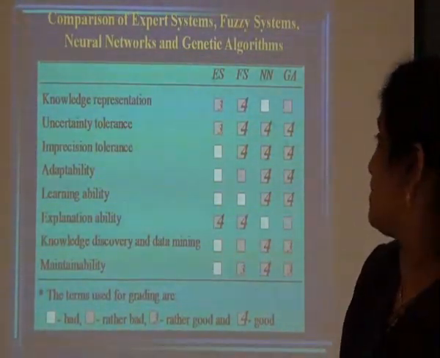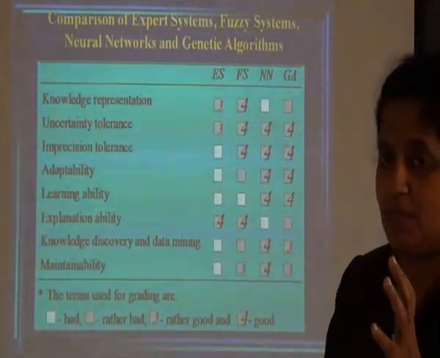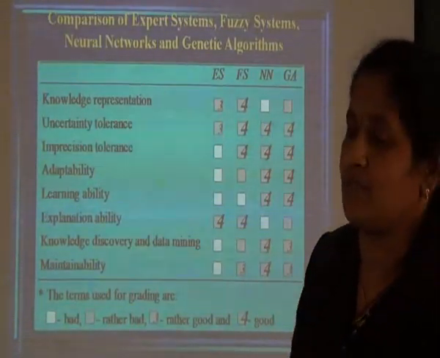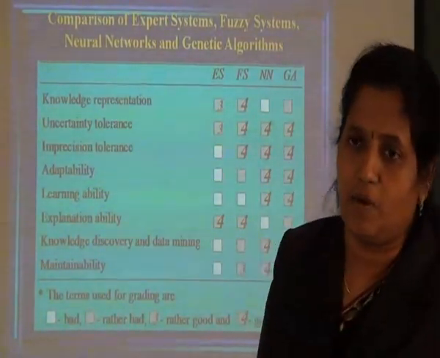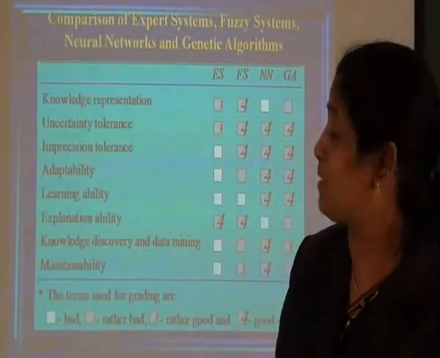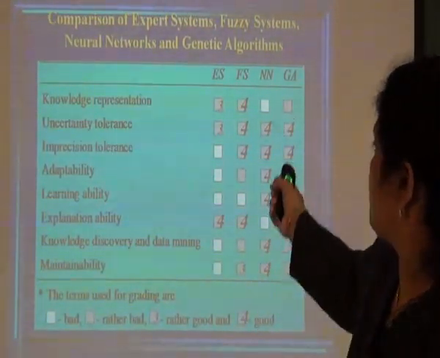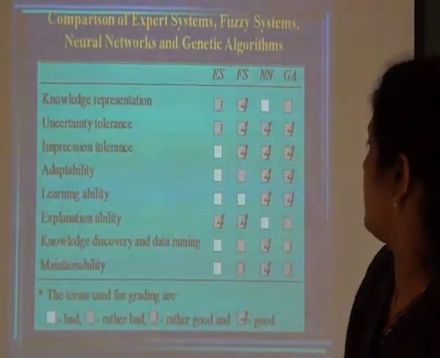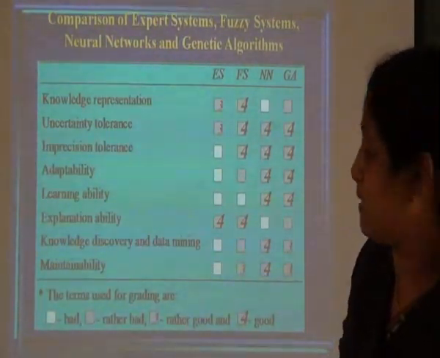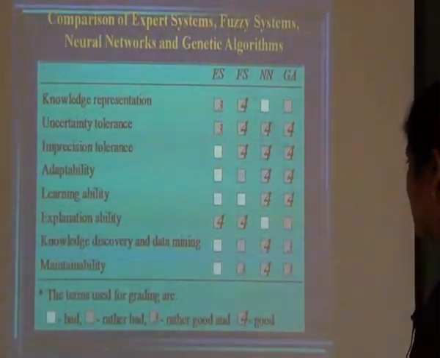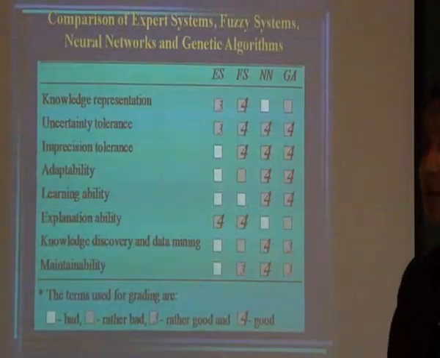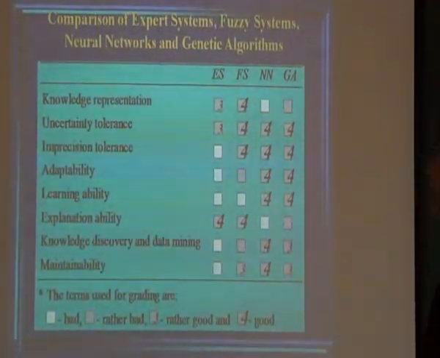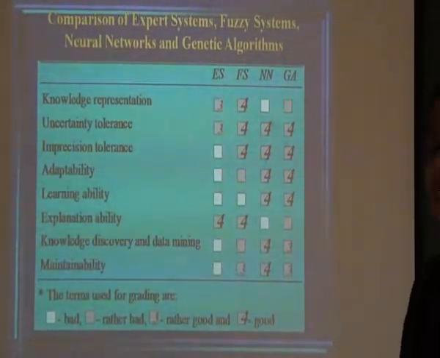There is a comparison with the expert system. An expert system comes after developing a model. If the model works for a particular set of data, that can be considered an expert system. There is a small comparison between all four techniques: expert system, fuzzy system, neural network and genetic algorithm. Neural network holds good in uncertainty, imprecision, adaptability, learning ability, knowledge discovery and maintainability.